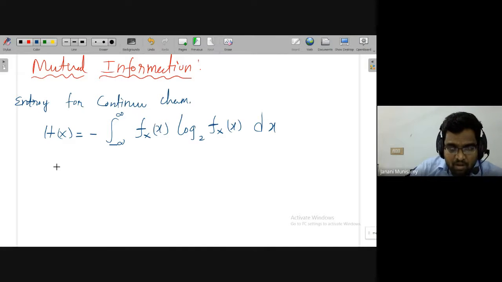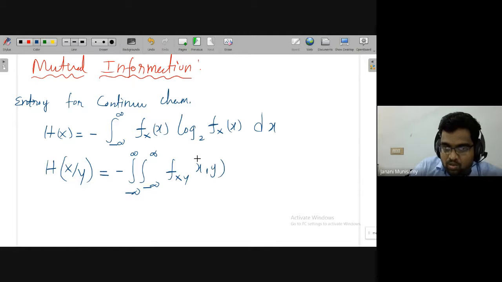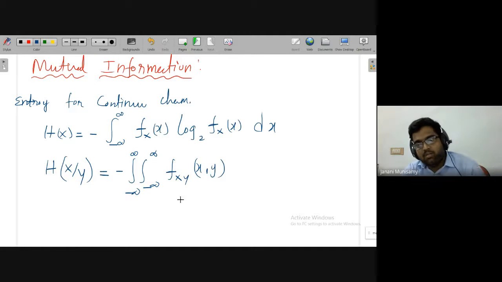h of x formula. Suppose they are asking conditional entropy, what is the entropy of x given y? Conditional entropy: integral from minus infinity to plus infinity, minus infinity to plus infinity, of the joint PDF f of x, y. Mostly x will denote the input side, y will denote the output side.